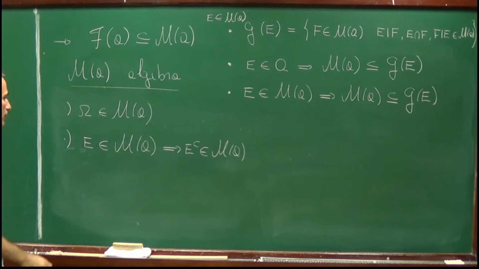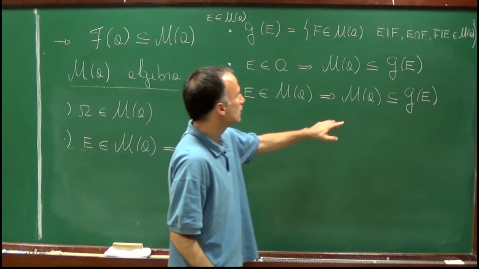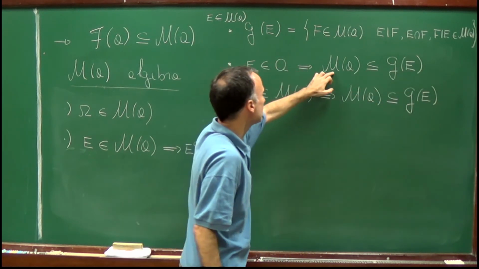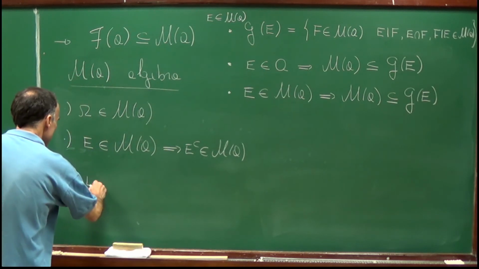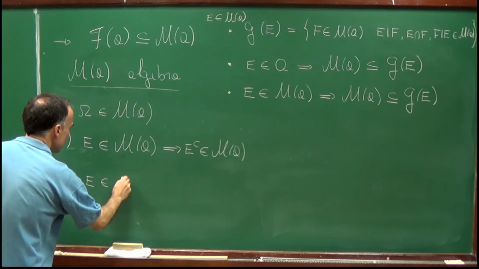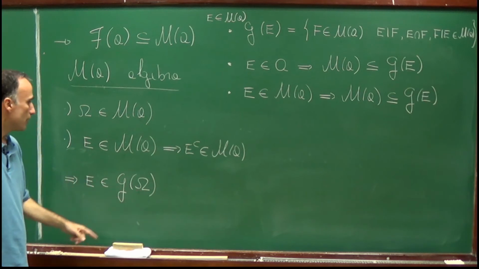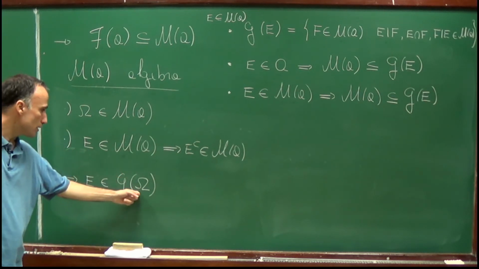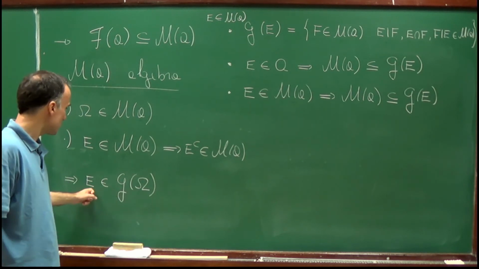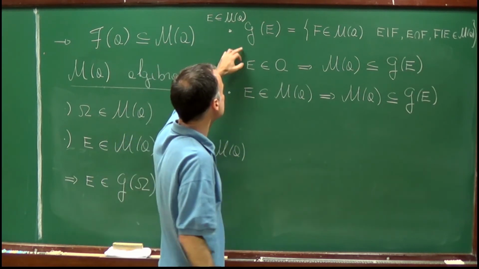But that's very easy because since E belongs to M of A, and we have shown that G of E for any E in A contains M of A, this implies that E belongs to G of omega, right? Omega is an element of the algebra, and M of A is contained in G of omega, so E belongs to G of omega. And since E belongs to G of omega, let's see what this tells us.